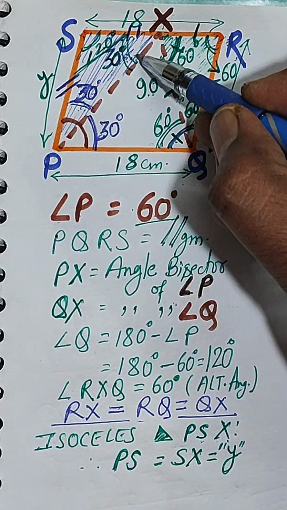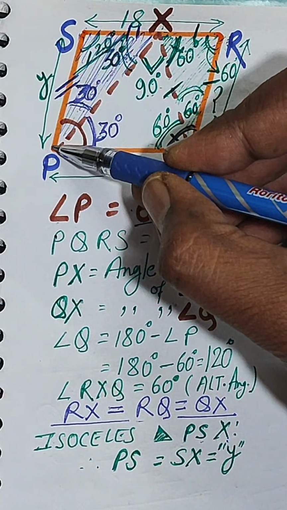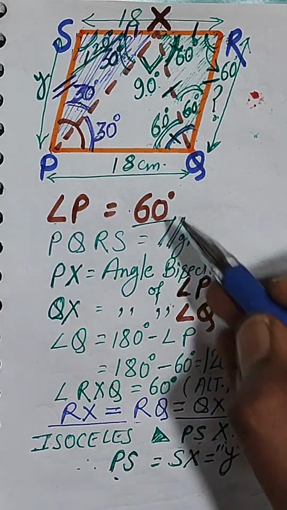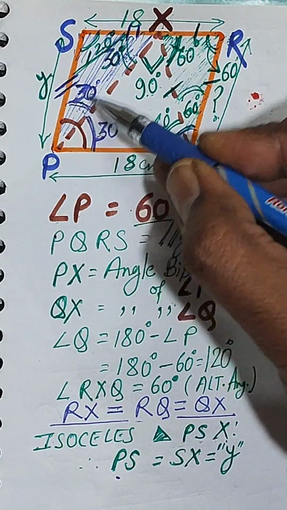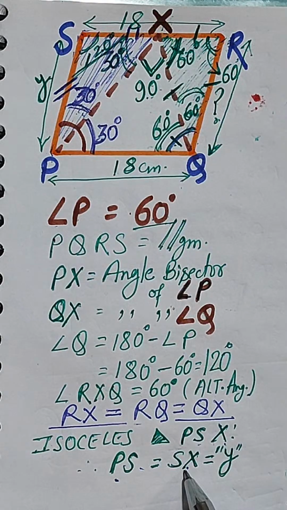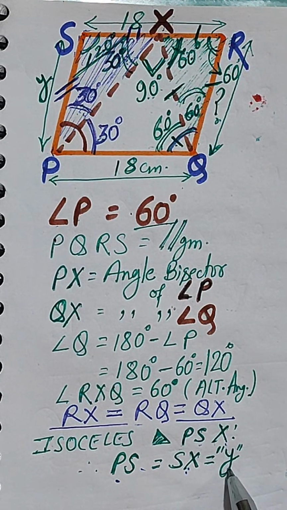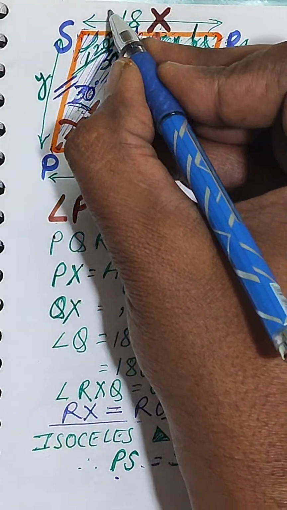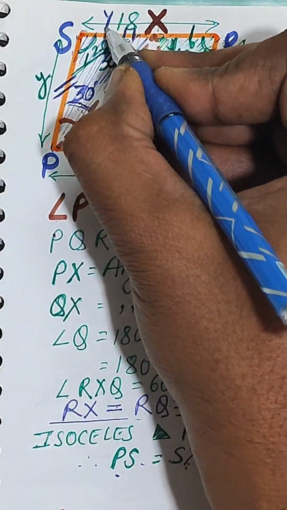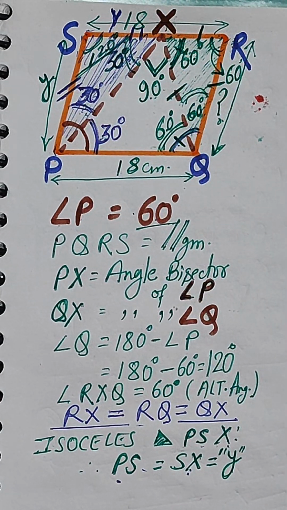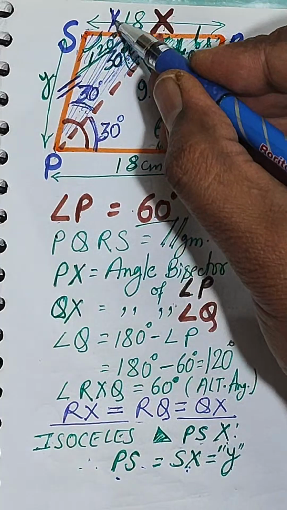Angle opposite to angle 30 degree is SP or PS, and angle opposite to this angle 30 is SX, and both of these are equal. Let us assume the length of this is Y. If this is Y, then SX will also be equal to Y, isn't it?